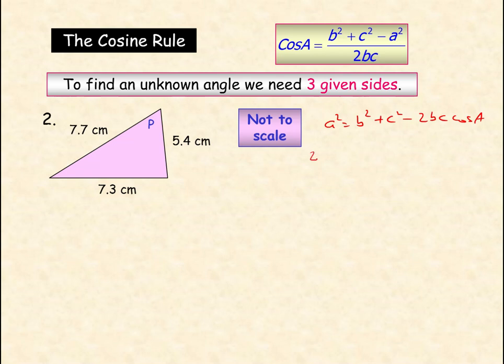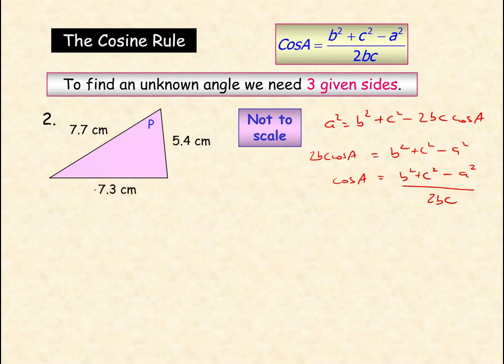So we've got 2bc cos A is equal to b squared plus c squared minus a squared, and then to get the cos A on its own, I just divide everything by 2bc: b squared plus c squared minus a squared all over 2bc. Because in the good old days you had to remember the formula, but as it stands now, it's given to you in the exam, so no panic.